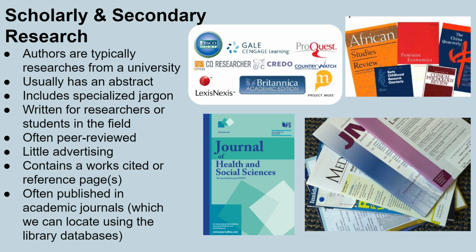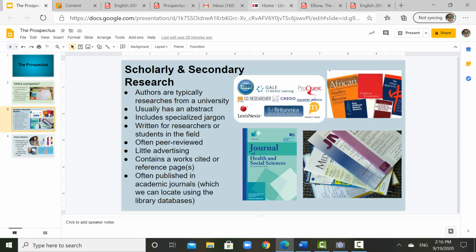Often these are going to be peer-reviewed, meaning you're not just going to publish it, you're going to have to get a peer or a scholar or academic in the field to look at it first and kind of give you the okay. There's not a lot of advertising in scholarly research. It is going to contain a works cited or reference page or reference pages, and it's often published in an academic journal, which we can locate using the library databases, right?